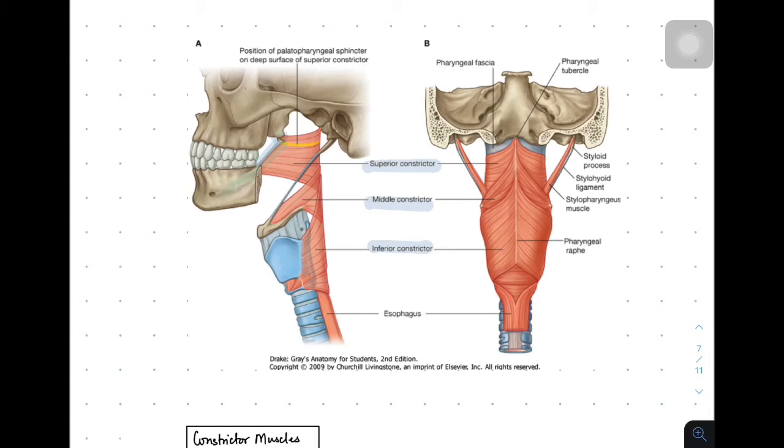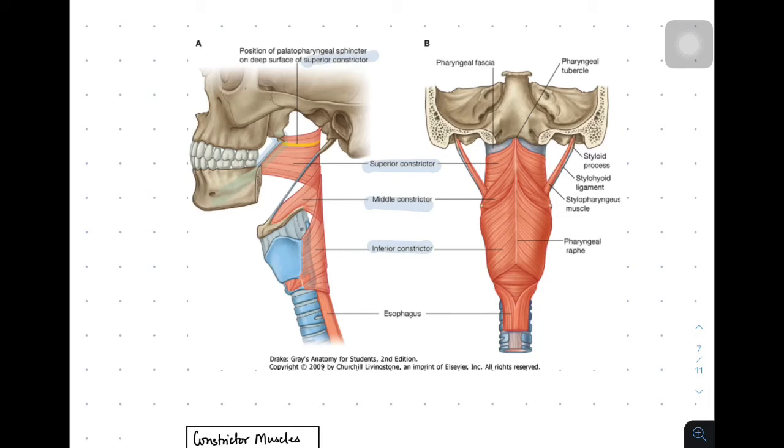And we also have a mylohyoid line on the inner aspect, that is the medial aspect of mandible. So the mylohyoid line, pterygomandibular raphe and the pterygoid hamulus are the origin site for superior constrictor.